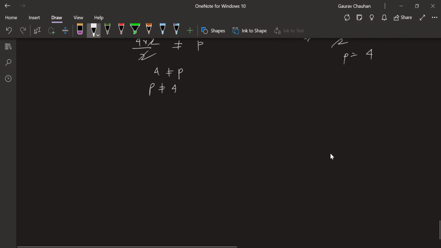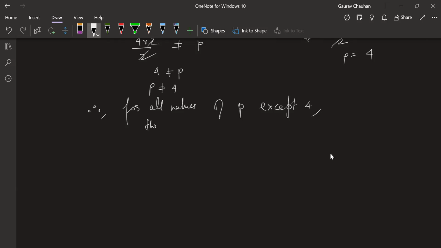Therefore, for all values except P equal to 4, for all values of P except 4, the system will have a unique solution. Got it? Do you understand what is the logic behind this?